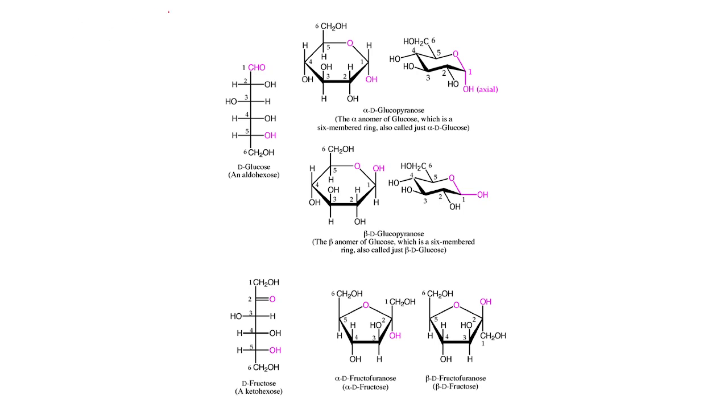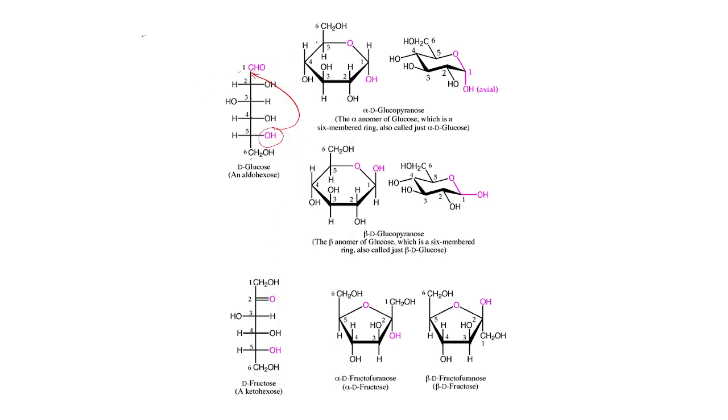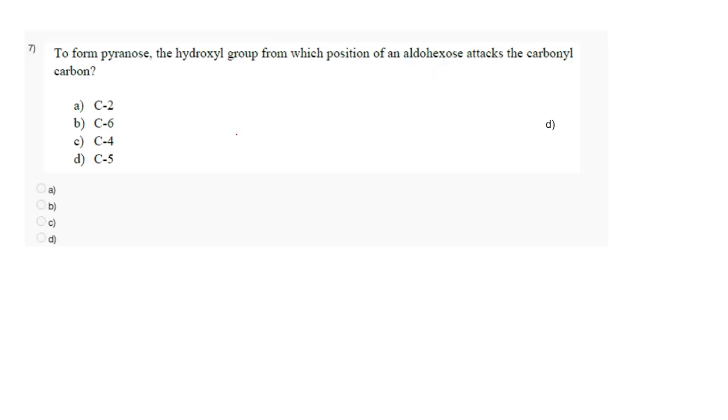If you number the carbons 1, 2, 3, 4, 5, 6, the hydroxyl group on the fifth carbon attacks the carbonyl group of carbon one, and then it forms glucopyranose. So which carbon attacks? C5. Then it forms a cyclic structure.